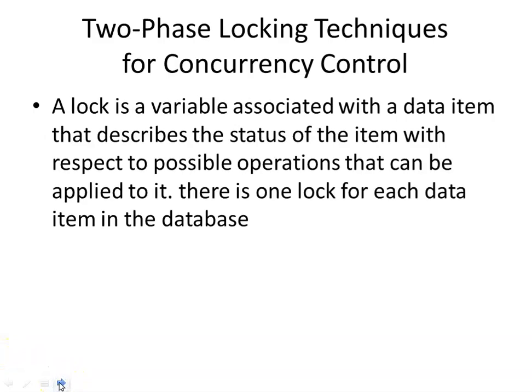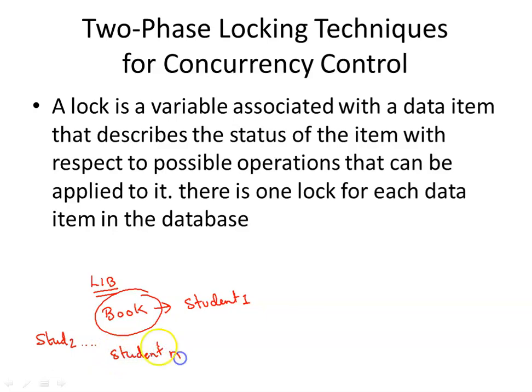So what is this lock? We'll take a small example, a college library. When student 1 takes a book from the library, this book is otherwise accessible to all the students in the college, student 2 to student n, who can use this book.